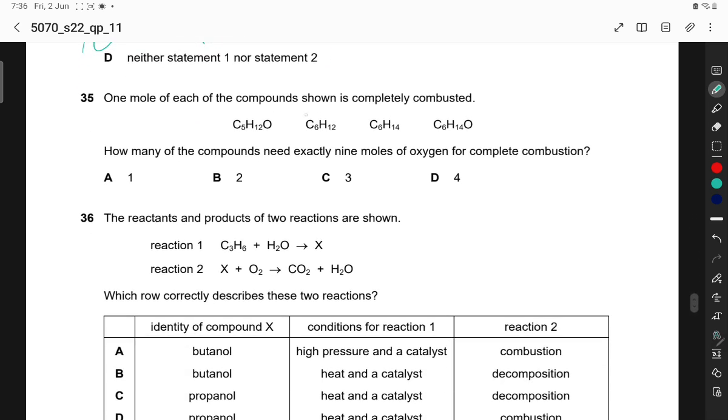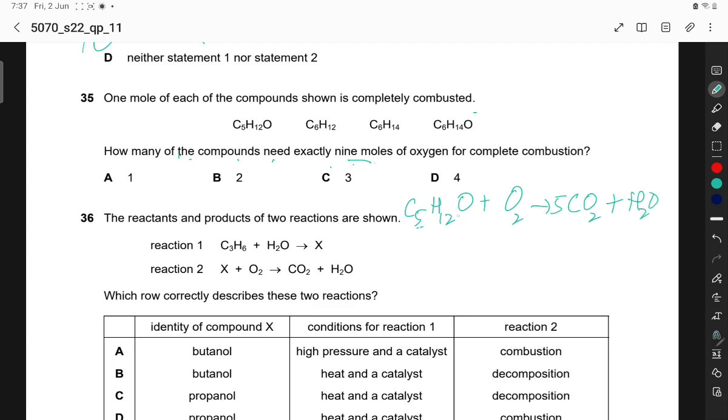1 mole of each compound shown is completely combusted. How many of the compounds need exactly 9 moles of oxygen for complete combustion? Compound plus oxygen gives carbon dioxide plus water.